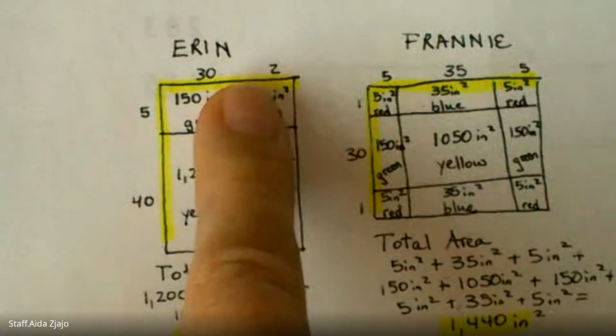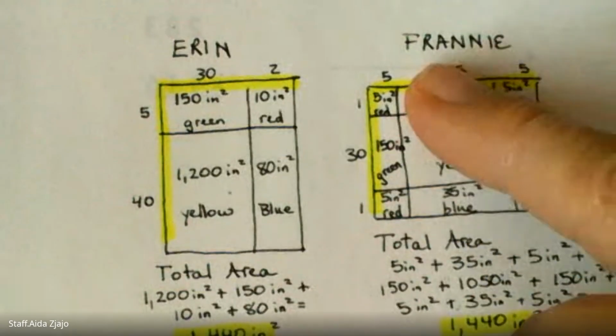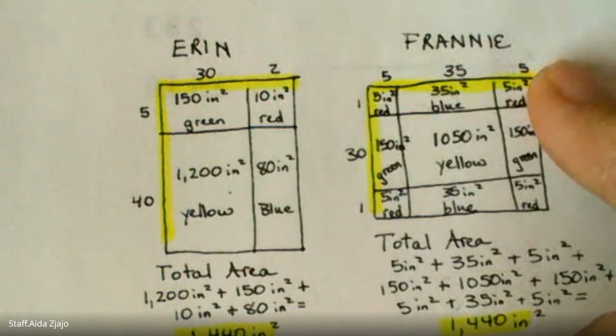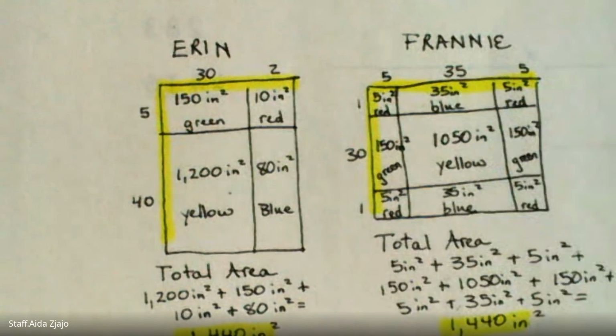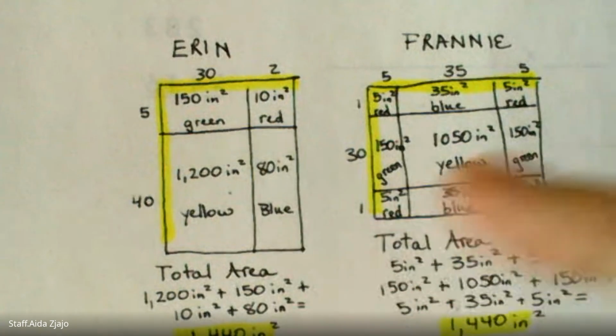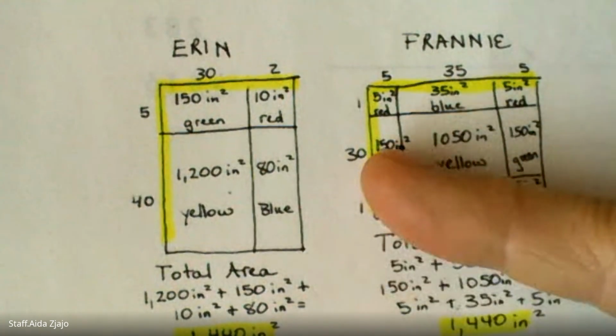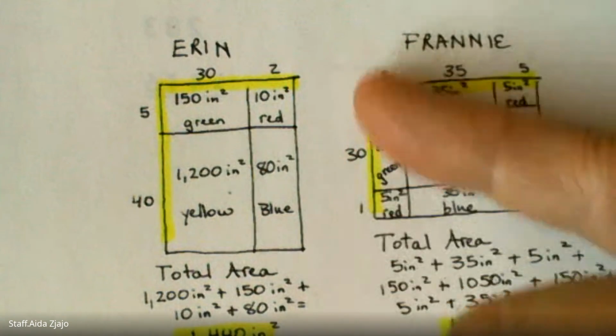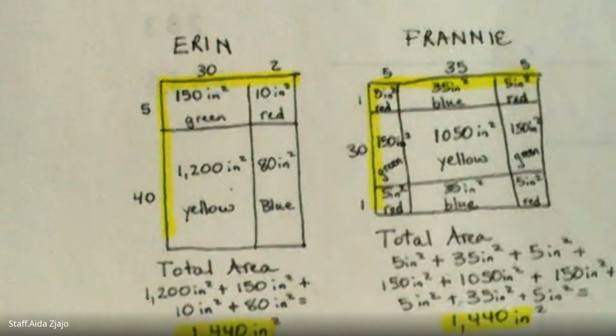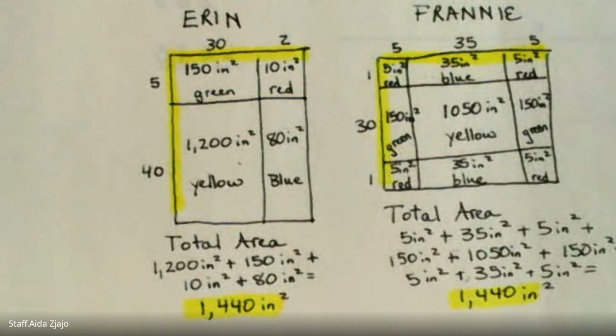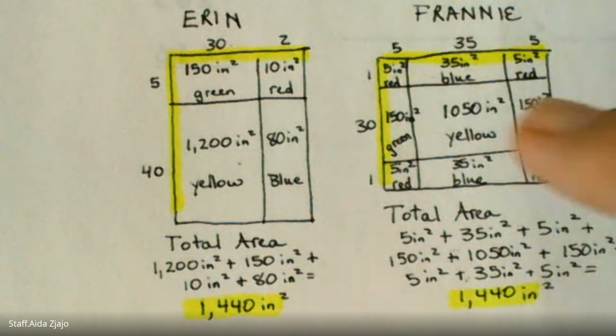But then Franny did 35 and 5 and 5, because she likes the two different colors, and she also did 30 and then 1 and 1, which is also 32. So none of the girls made a mistake, and they all have the same final area that is required.